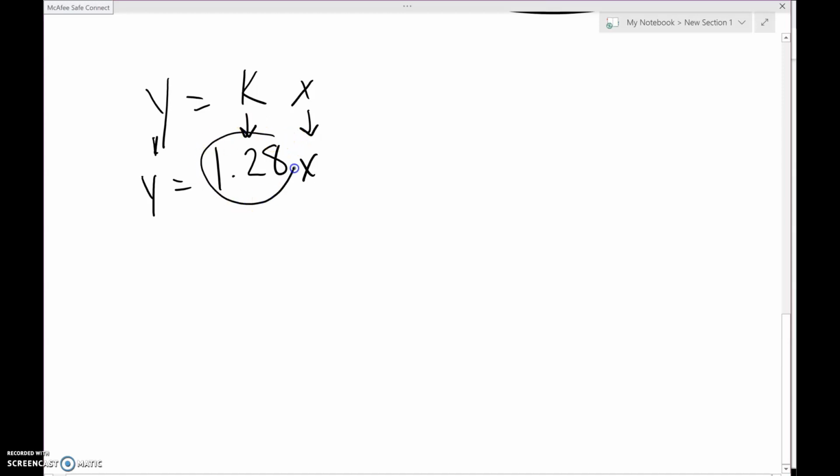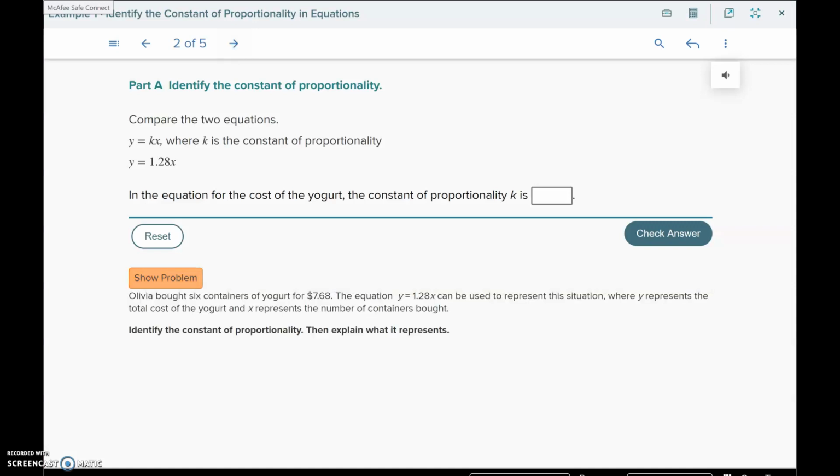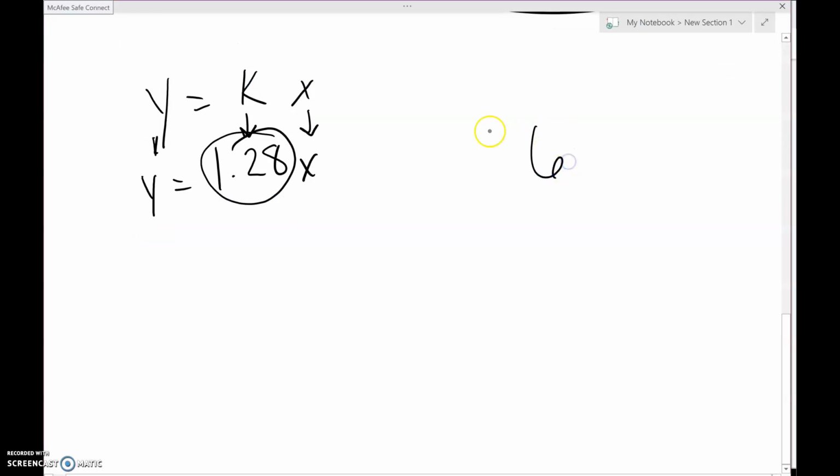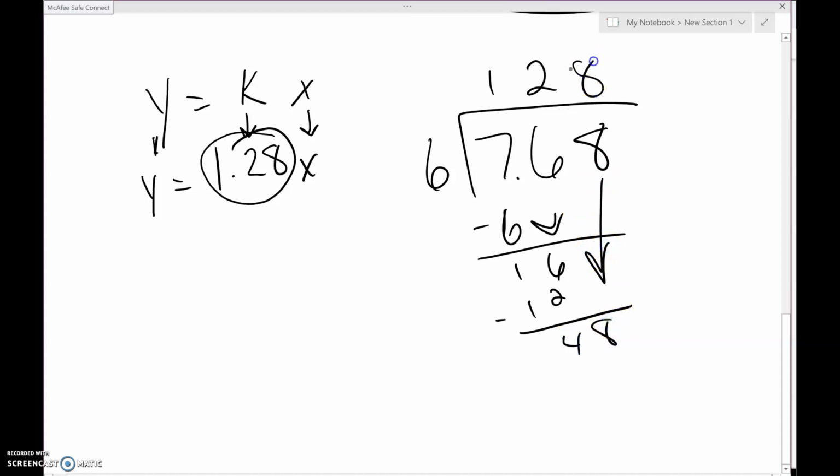What does this 1.28 represent? Well, if we were to go back to our problem and see that she spent $7.68 on 6 containers, if I did 7.68 divided by 6, I'm going to get 1.28.